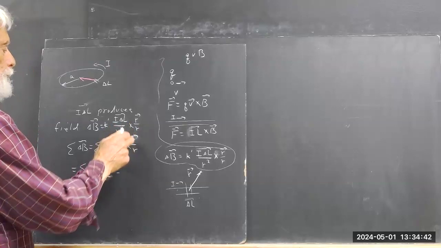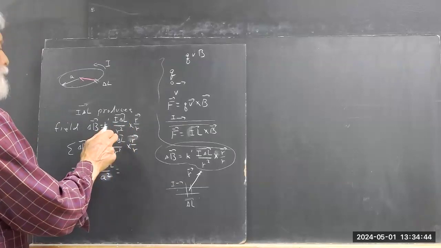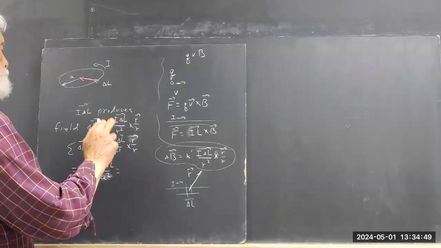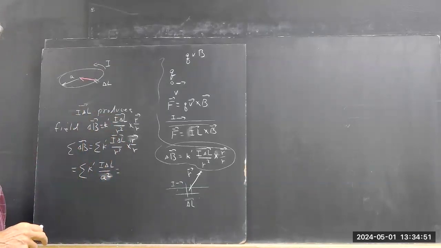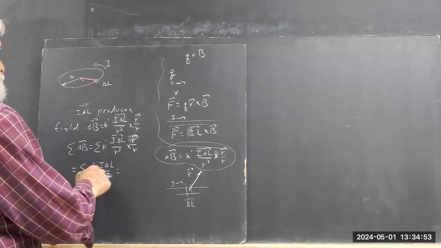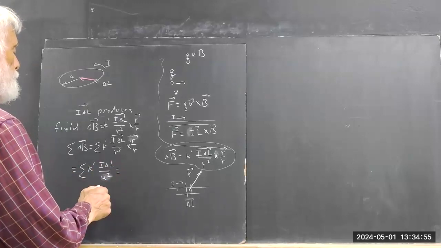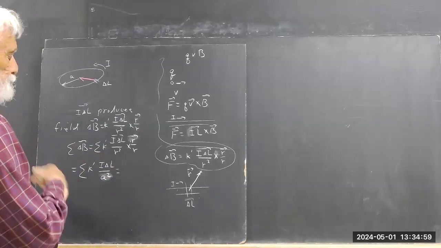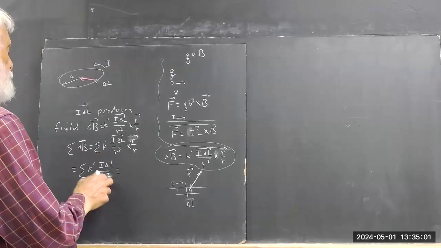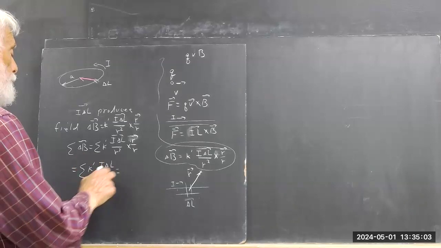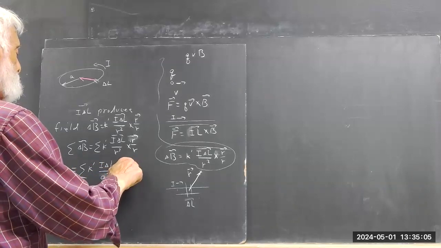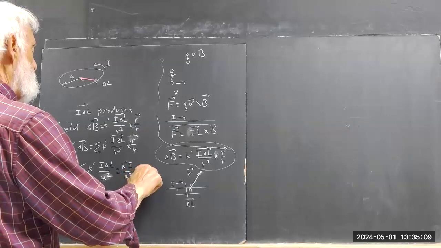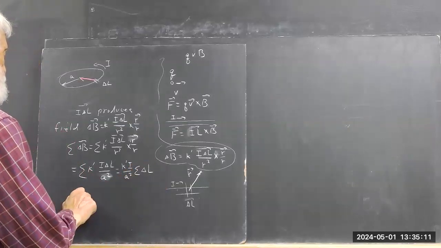R over R is a unit vector. It's perpendicular to delta L, so the magnitude of the cross product is just delta L. Okay, so you've got I delta L over A squared, and you pull out all the constants, which are K prime I and A squared. Have to sum your delta L.